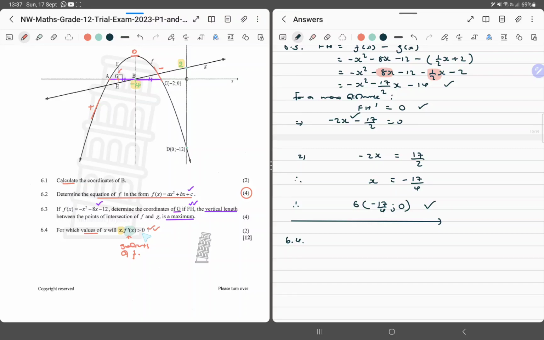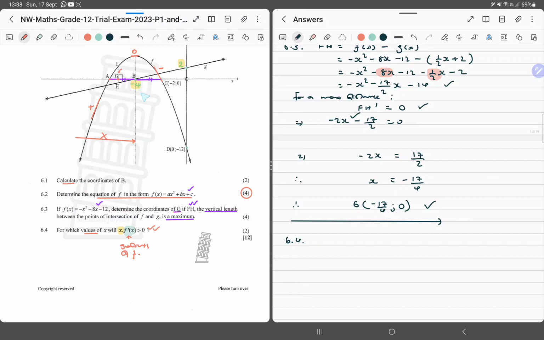Now, we want a product that is greater than 0. This means on this side, you can see the x values are negative, so negative times positive is going to give us a negative. So all the way up until this level, this is wrong because we're not interested in that.